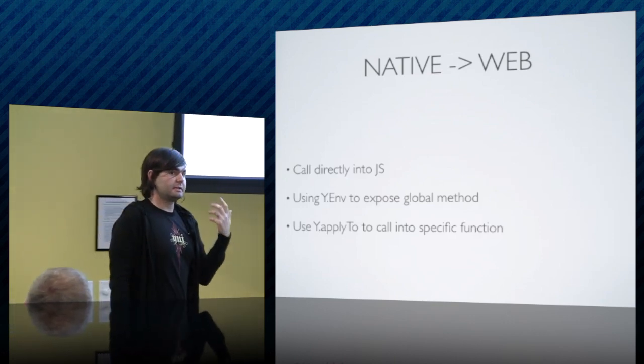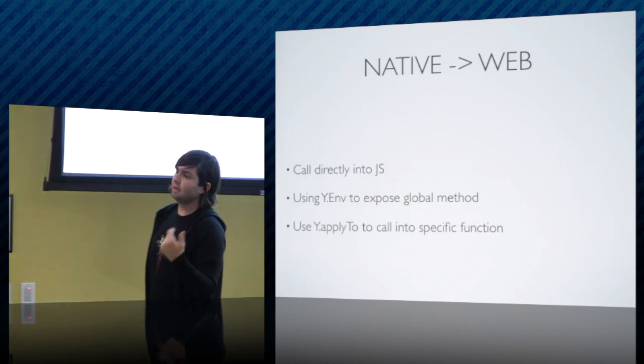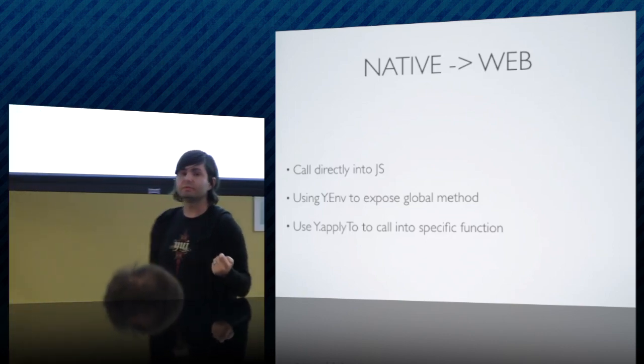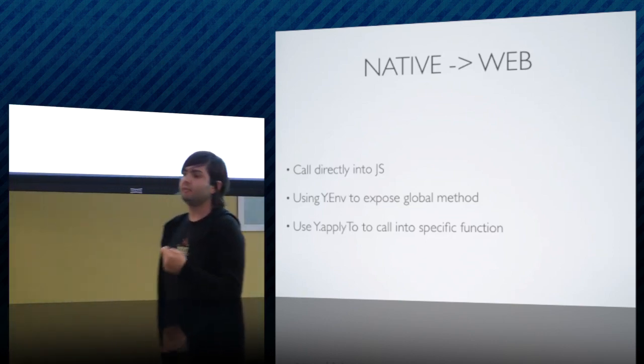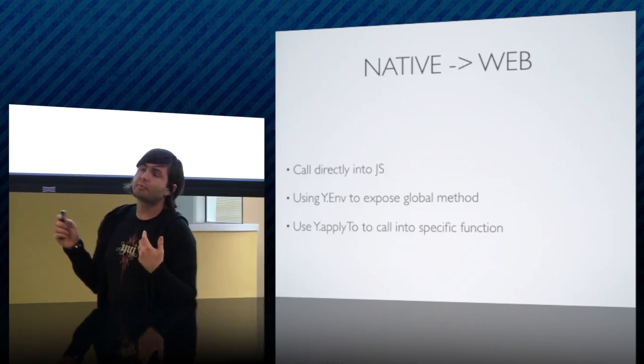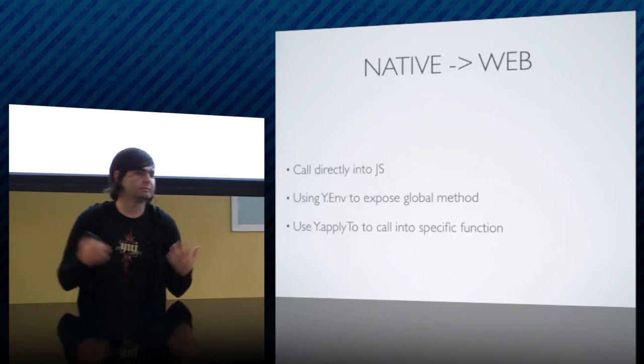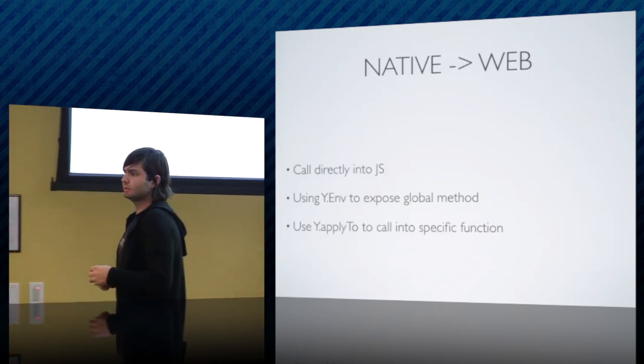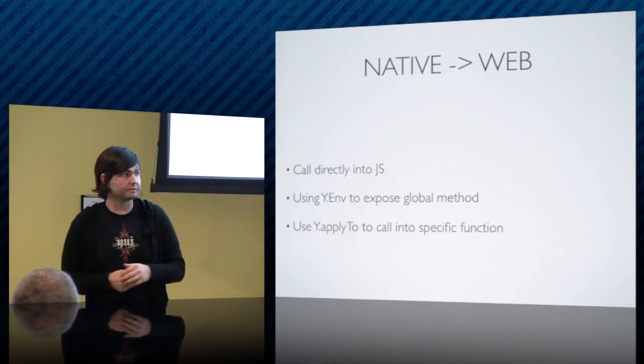Well, Objective-C native gives you the ability to parse and to execute JavaScript via eval. What this means is that you need to provide access to some global space for JavaScript for Objective-C to call into.